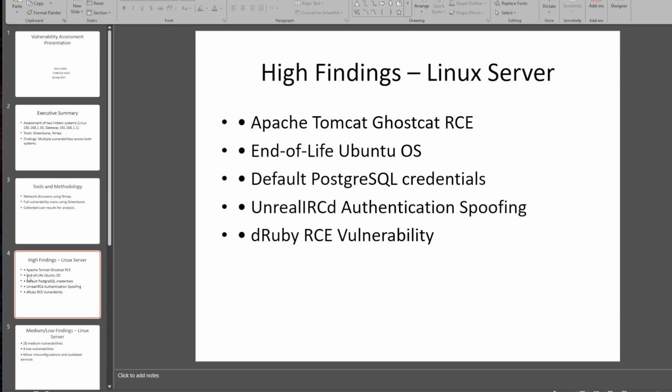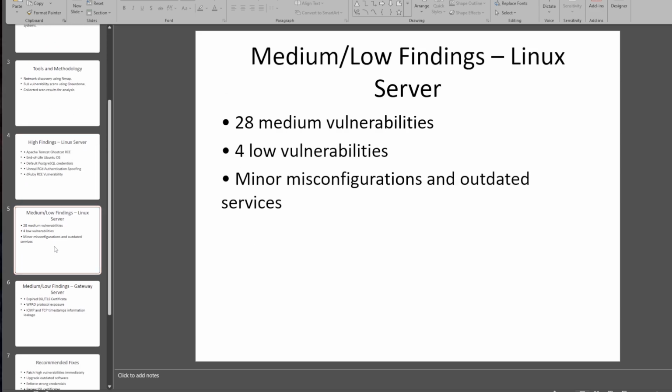So next is our medium and low findings for our Linux server. Beyond the high severity issues, the Linux server also had 28 medium vulnerabilities and 4 low ones.